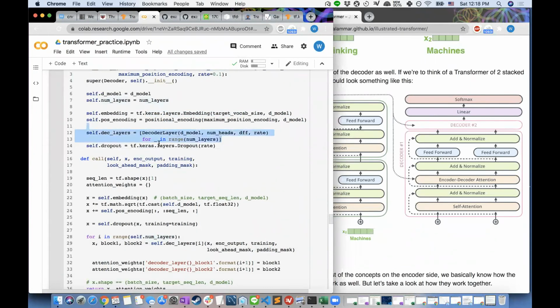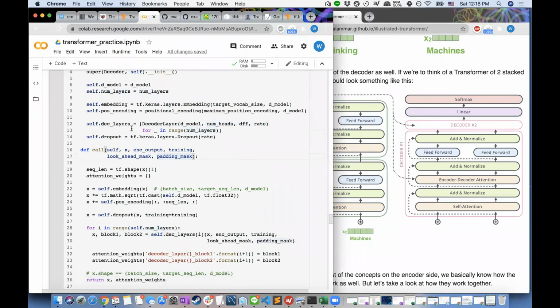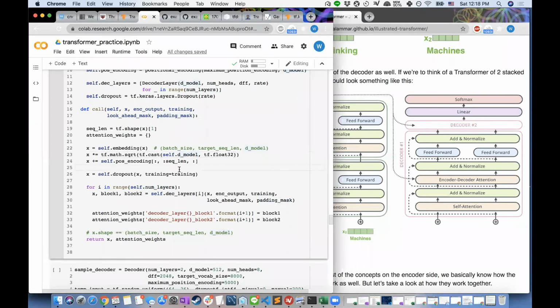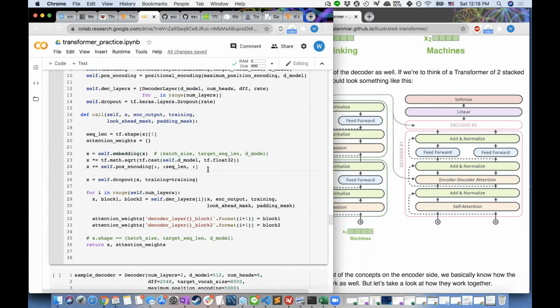It's the same thing, right? Doing a list comprehension, passing that into dec_layers, dropouts. Yeah, it's basically the same thing. And interesting, the decoder also has position encoding.